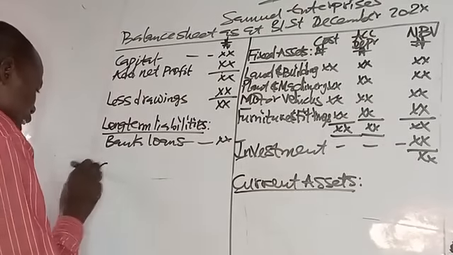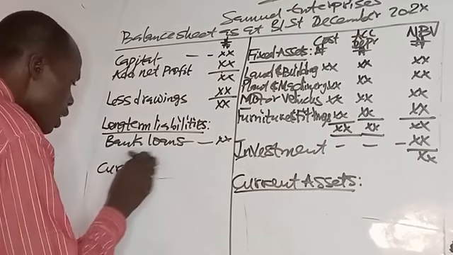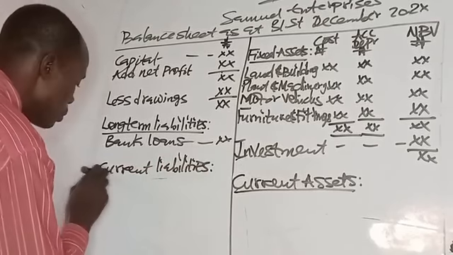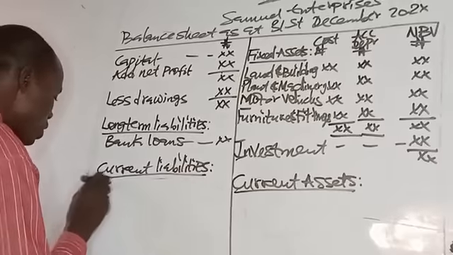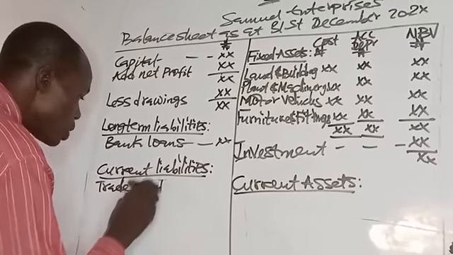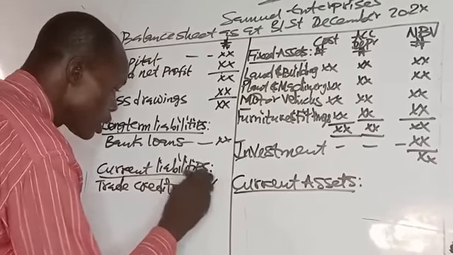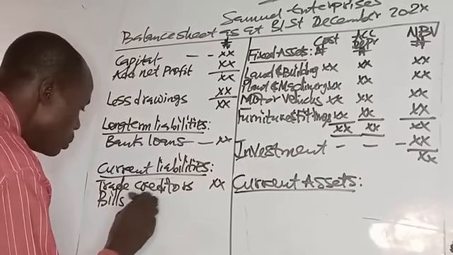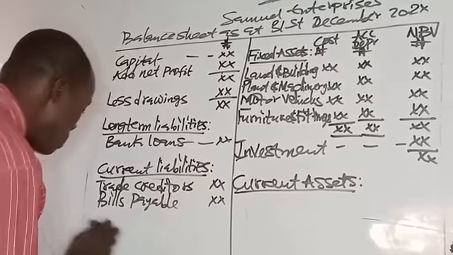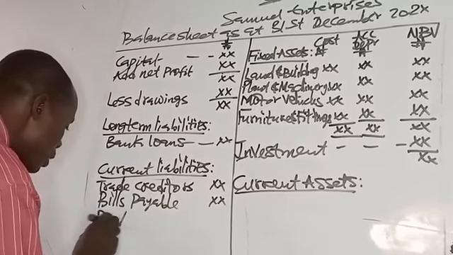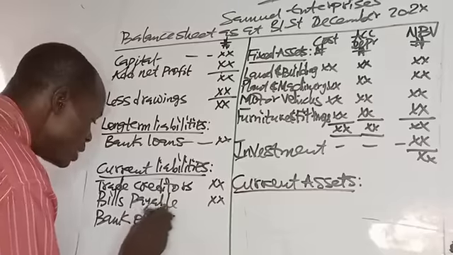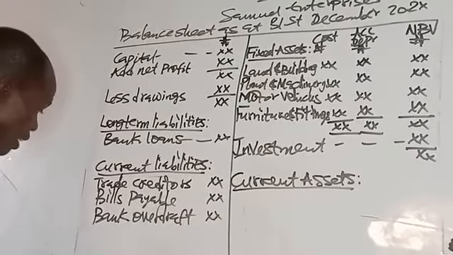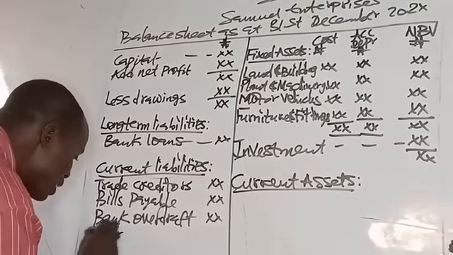Then you also have current liabilities, and the current liabilities include your trade creditors, your bills payables, then bank overdraft. Then you may also have accrued expenses.